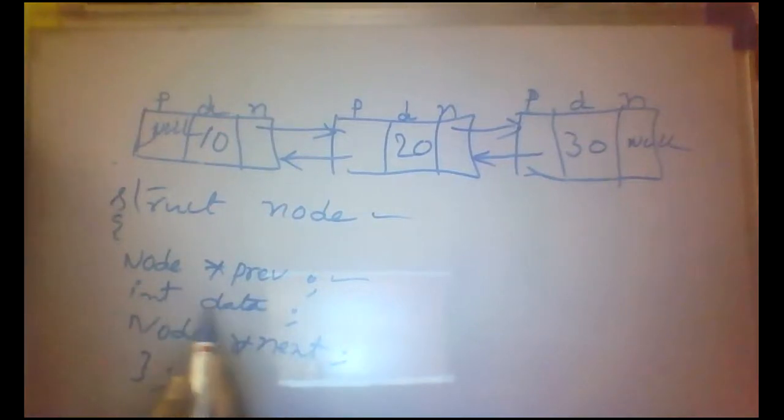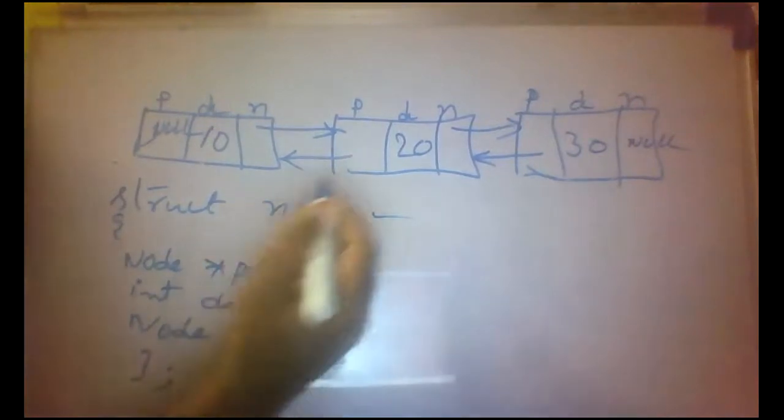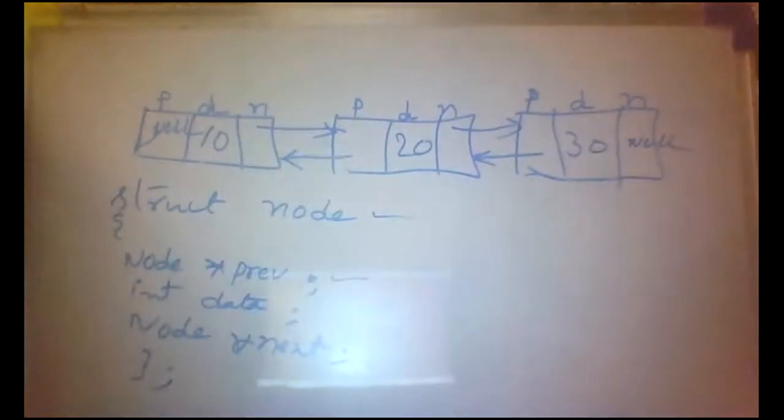Next one, the data part, is an integer variable. In data we can store integer elements only. Next one is asterisk next. Next is a pointer variable. It holds the address of another structure variable. Clear? All of you.